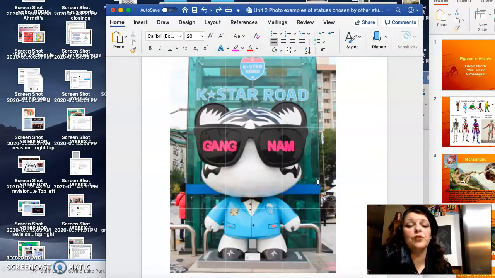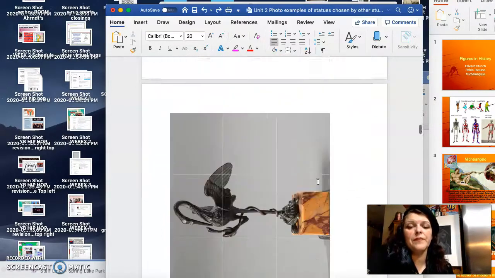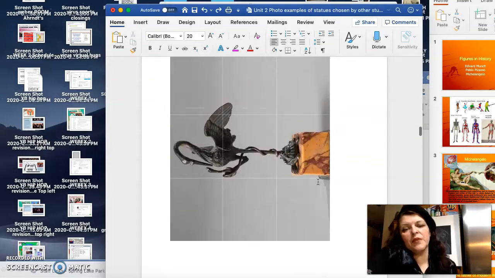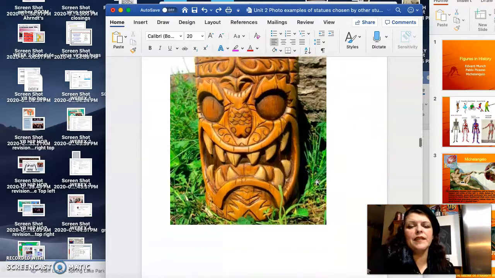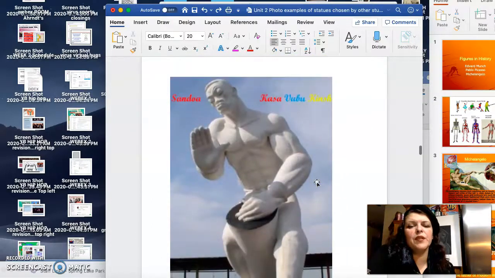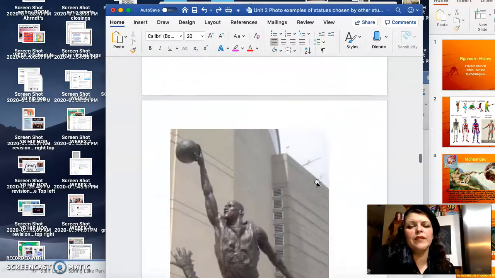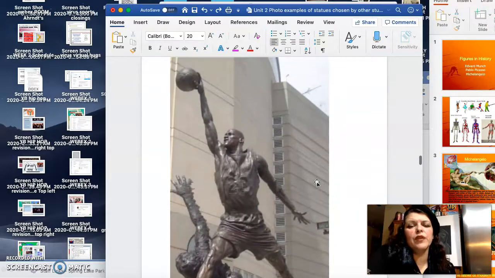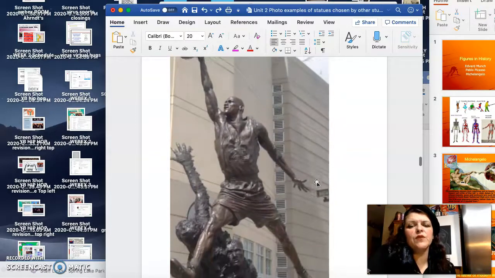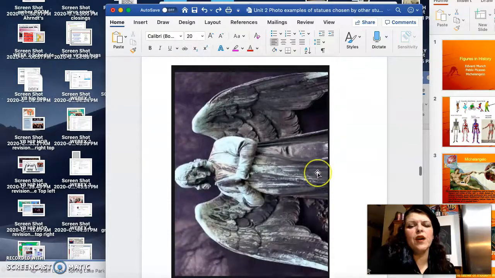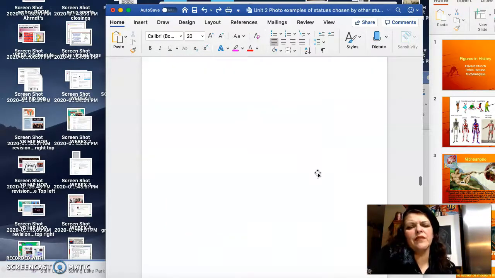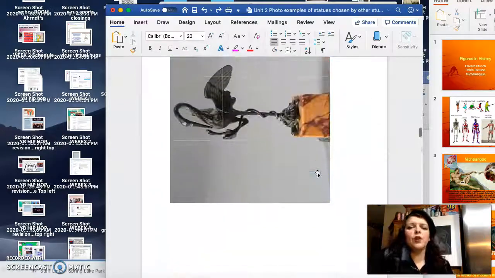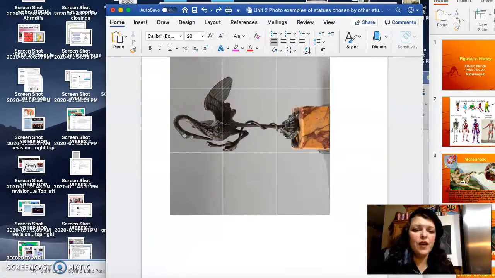Pikachu, there's a Pikachu statue in Japan. Okay, this one's sideways, but it's of a bird or a crane. Okay, a tiki statue, so you can make it fun. I remember somebody did a garden gnome last trimester. Here's Michael Jordan. So this is a statue in Philadelphia because that's where he's from. Here's an angel statue, maybe part of a cemetery. Very a little spooky. So I hope this all helps you.